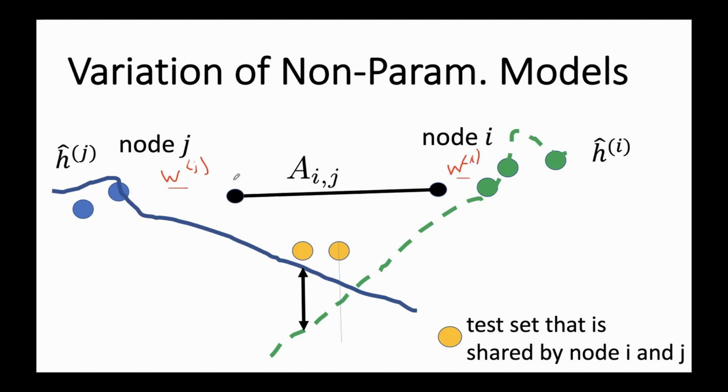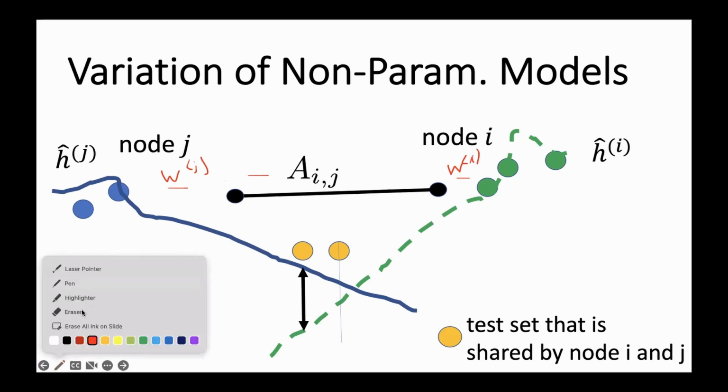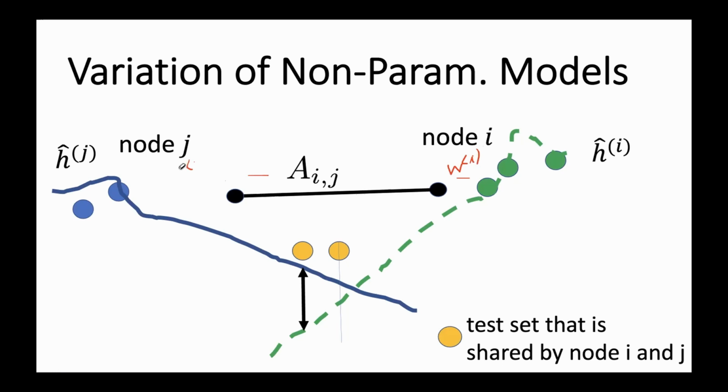We then computed the difference between those two and its norm. But what if we don't have any model parameters anymore? For example, if we use decision trees, a decision tree at node i and a decision tree at node j, how do we compare trained decision trees?